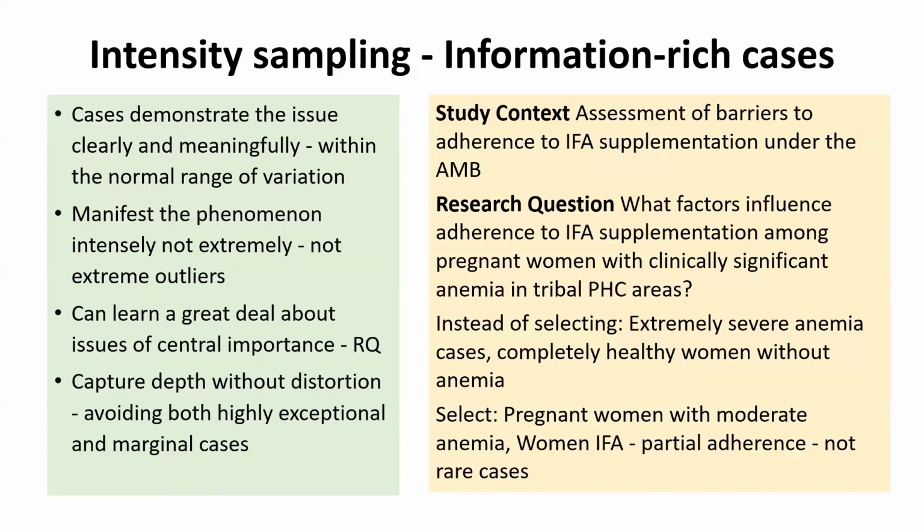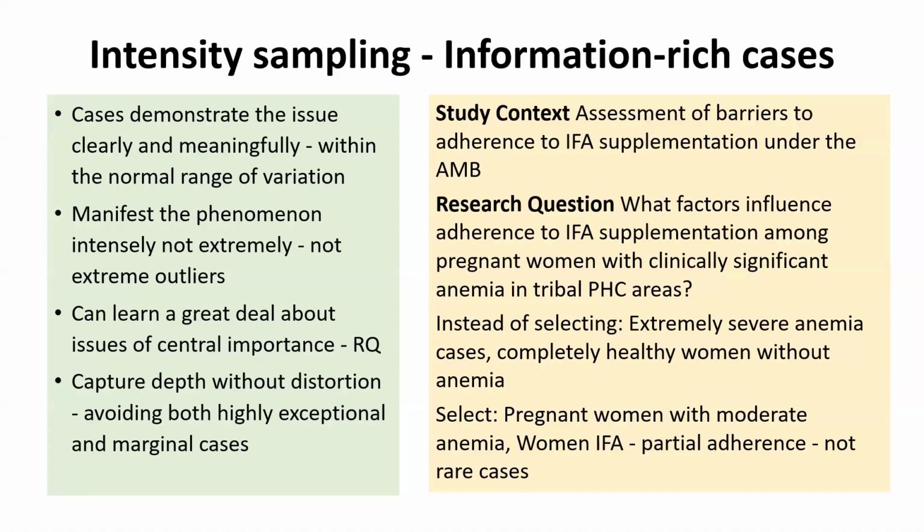So if you understand your research question properly, then you will have to identify who are the people who will be information rich as far as your topic is concerned. So if you choose the information rich cases with regards to your topic of interest, then you will be able to learn a great deal as regards your research question and answer it effectively.